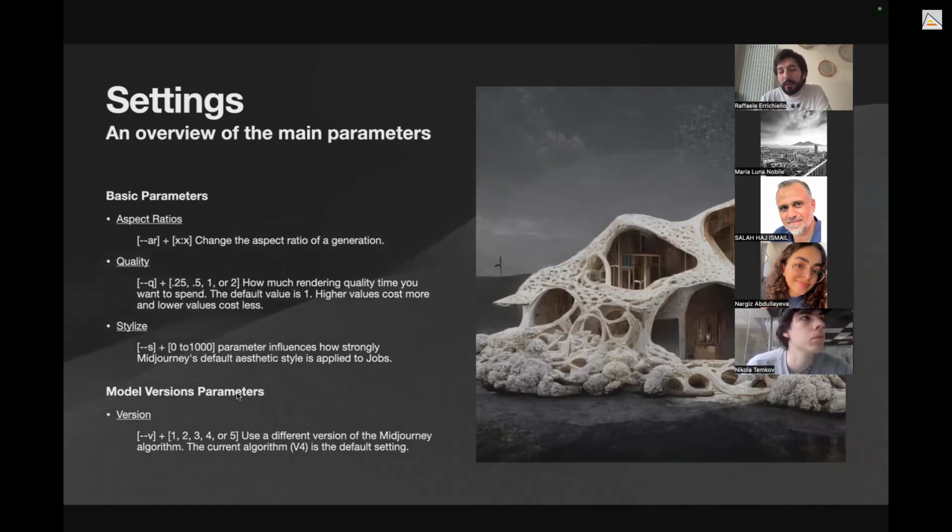Then there are the models. Usually the basic that is used is the fourth engine of Midjourney, but you can change it very easily. I can show you later how to do this.